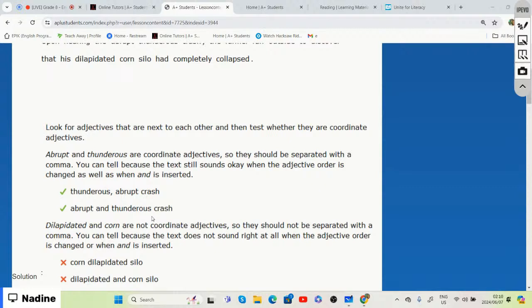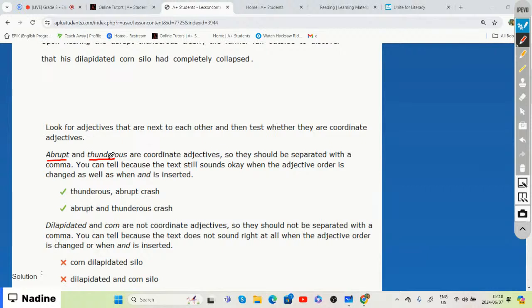For example, we have the word abrupt and the word thunderous.